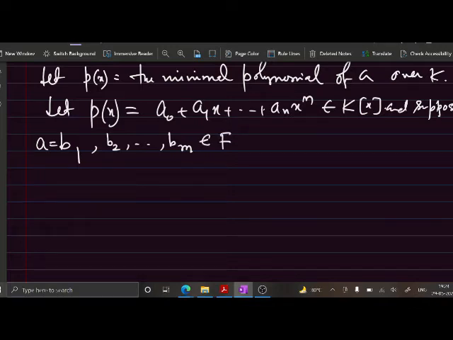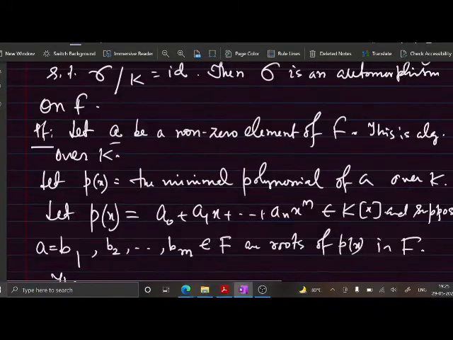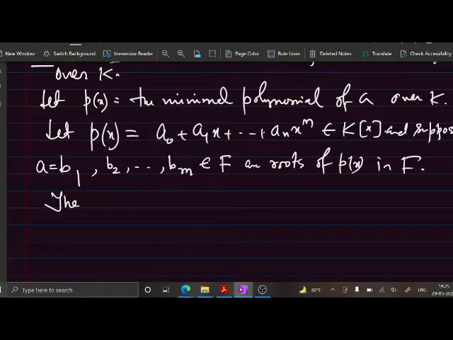So suppose these are roots of p(x) in the field F. Then using these finitely many elements, you can construct a finitely generated subfield of F, right?